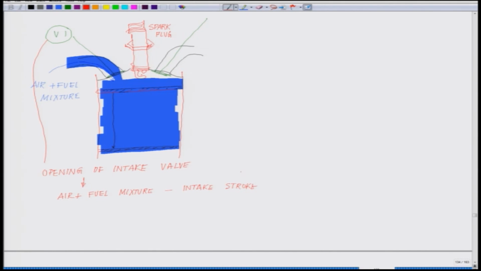Why is it called the intake stroke? Because this plunger is moving down, it moved down like this. So in this first step, the piston is moving down. Here is the piston which is moving down.